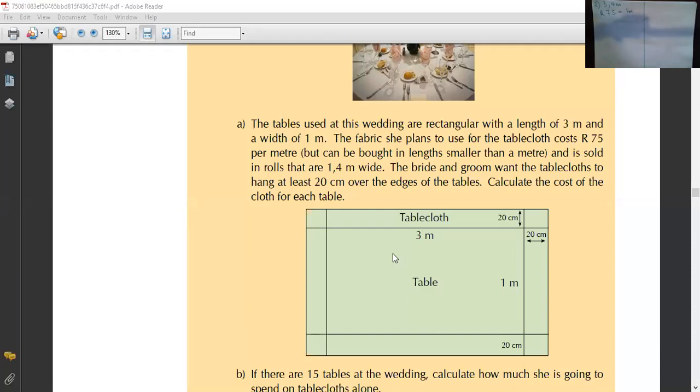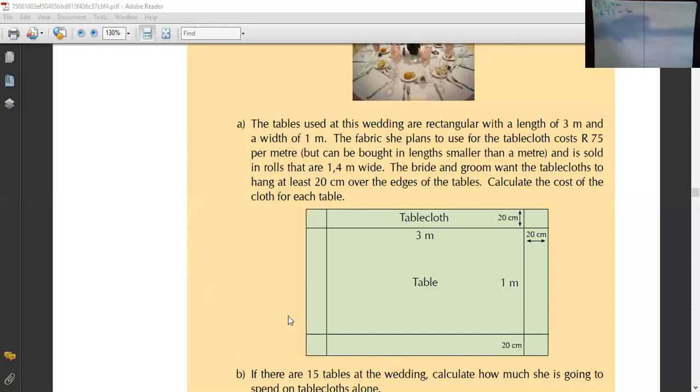What do we do next? We are told that each meter is going for 75 rand, but it can be bought at a length smaller than a meter, so we can ask for any length that we want. From the question, the length we want for the table is 3.4 meters.